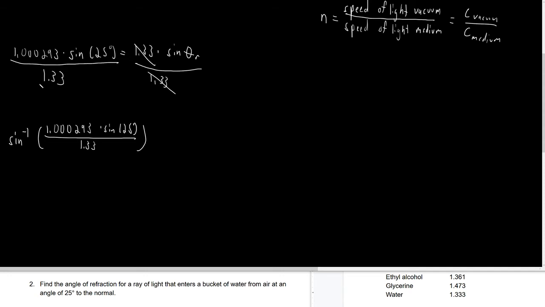So we're going to go to the sine of 25 times 1.000293, and divide that by 1.33. For that part, when I calculated all of that together, I got 0.31785.